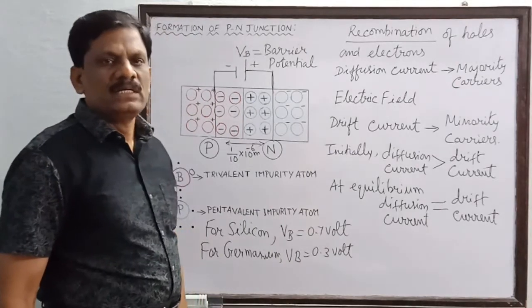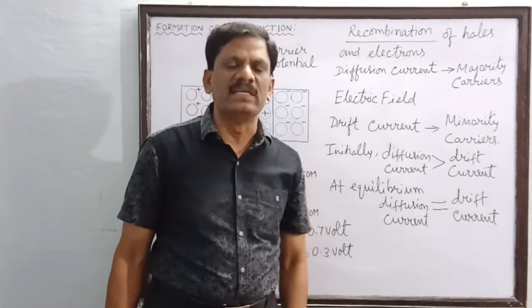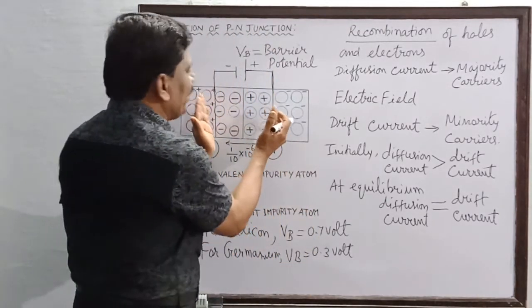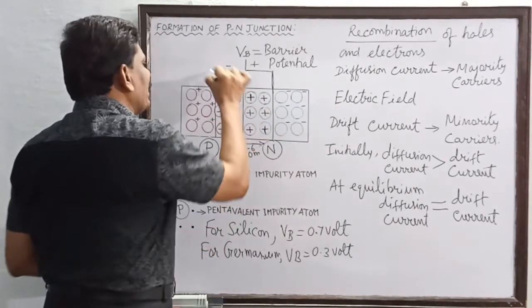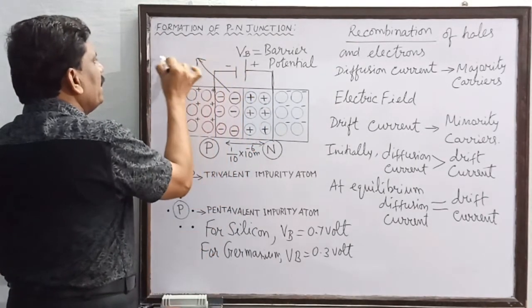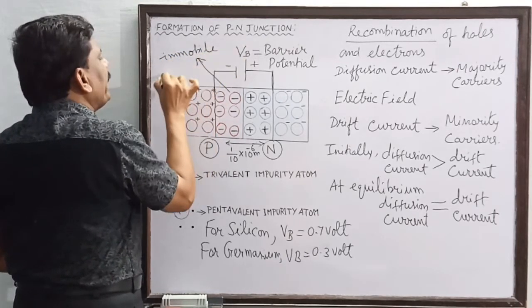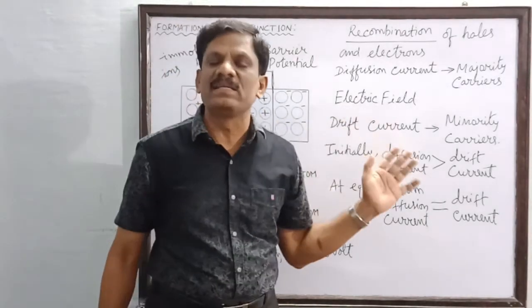Okay, students. Now, what is the most interesting thing which is happening? Look at this region of the internal potential barrier. You can see only the immobile ions. What do you mean by immobile? Can they move freely? Can they be called free charge carriers?